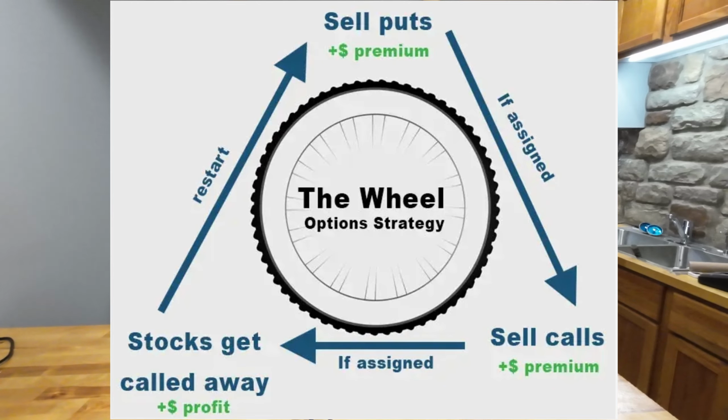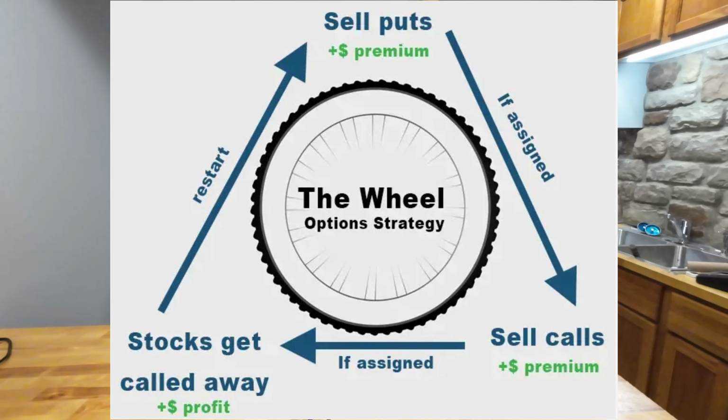So as you can see on the right here, if assigned, sell calls. So now I got assigned, which means I own those 100 shares. I own that contract now. So I can sell calls. When you're selling calls, since you own the shares, they will pay you every week, in this case, a premium for the right to buy your shares.